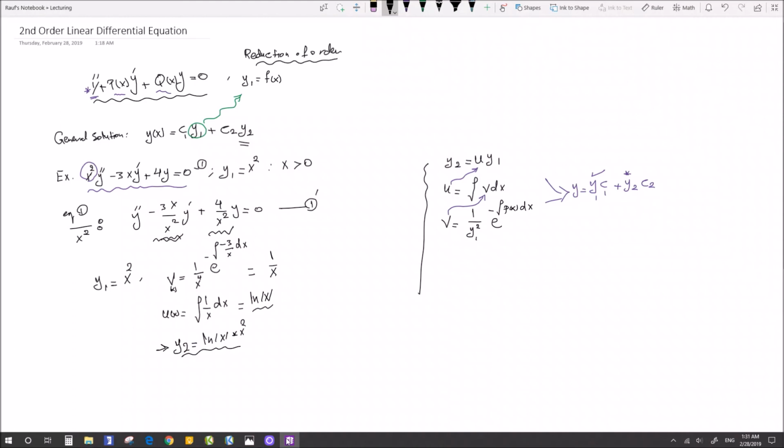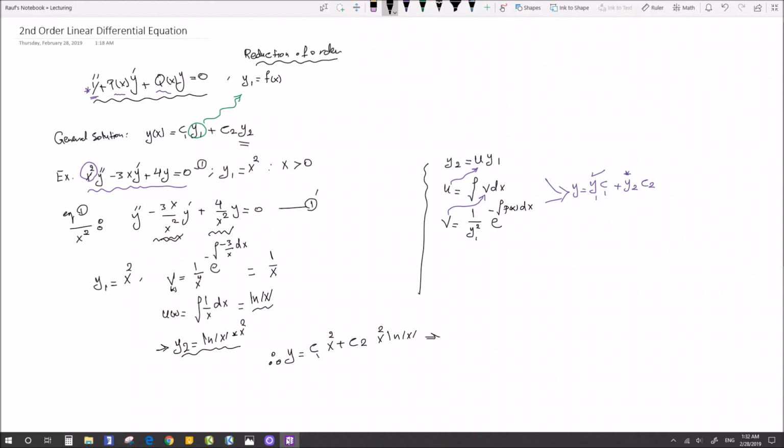In this case, the general solution of this equation is y equals c1 y1, which is x squared, plus c2 y2, which is x squared ln the absolute value of x.